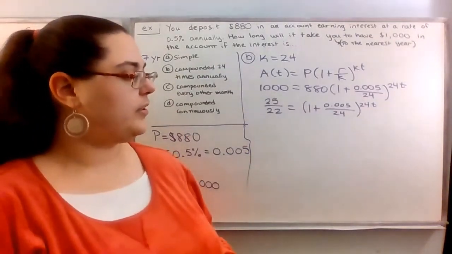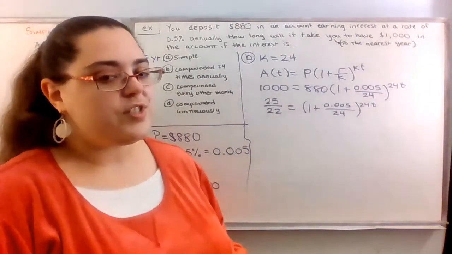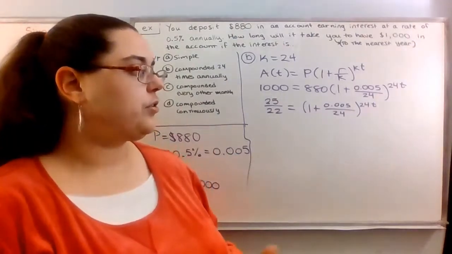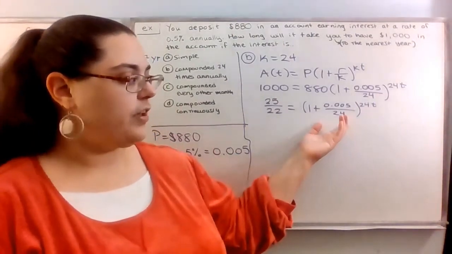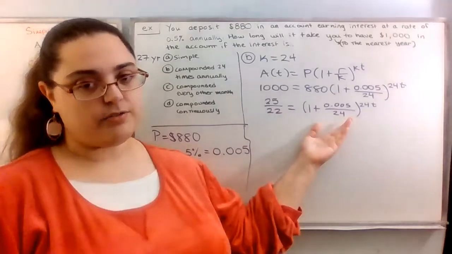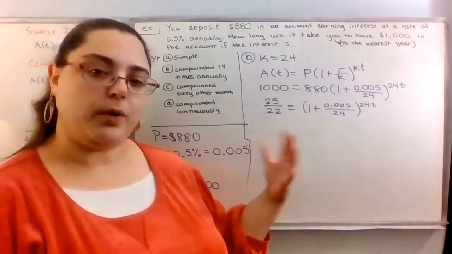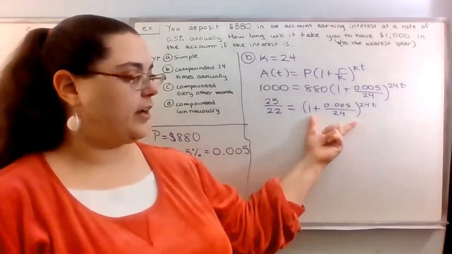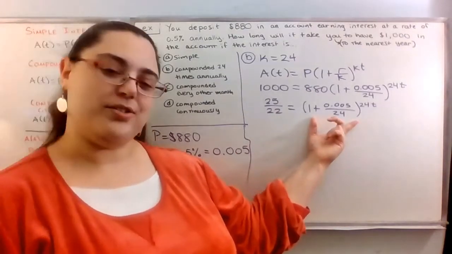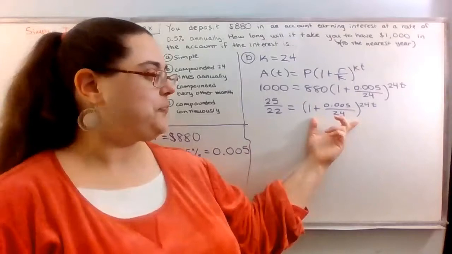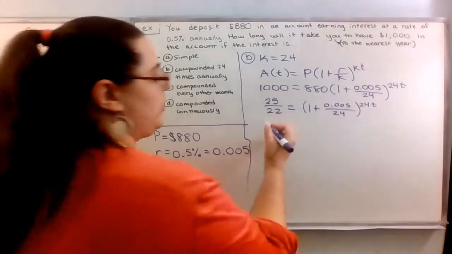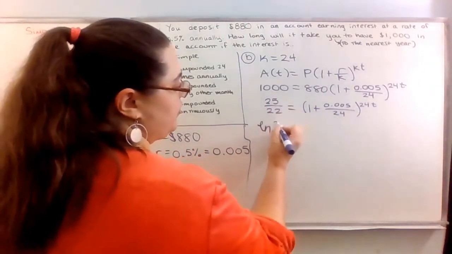Okay. Now we can use any one of our techniques to go ahead and solve this. What I'm going to do is use the natural log. So I'm going to take the natural log of both sides. If you want to take log base, whatever this number is, you can do that as well. It's really up to you. But I'm going to use the natural log of 25 over 22.